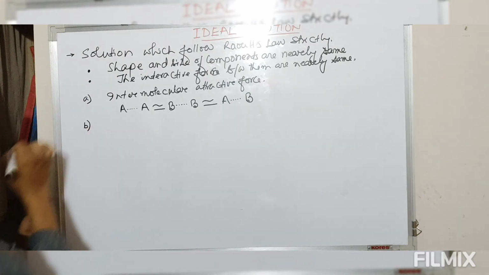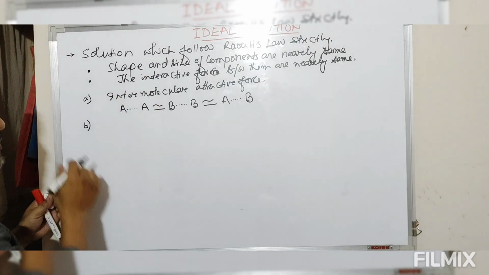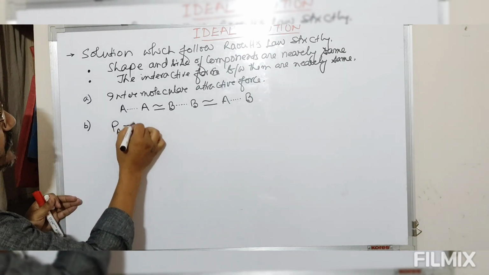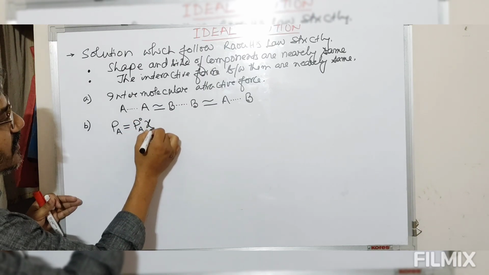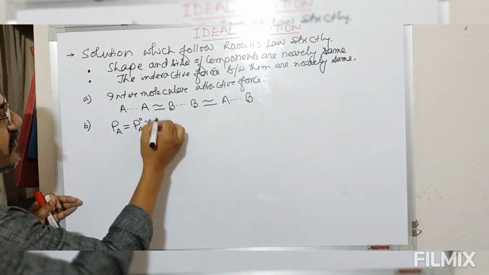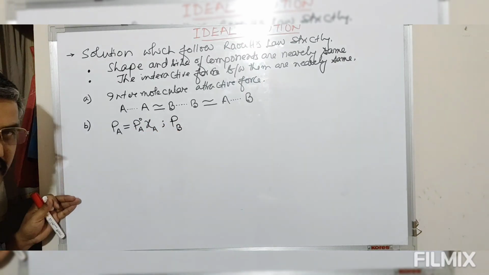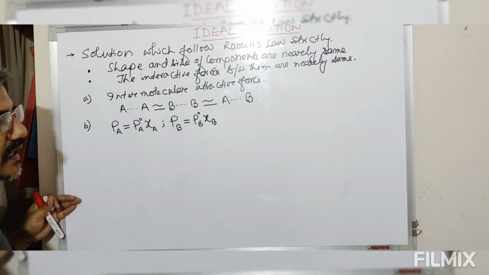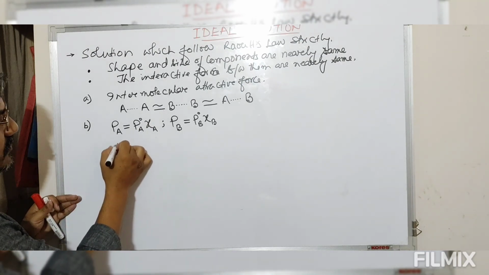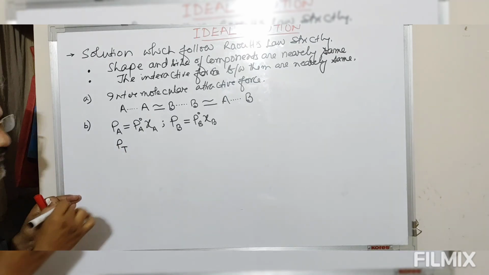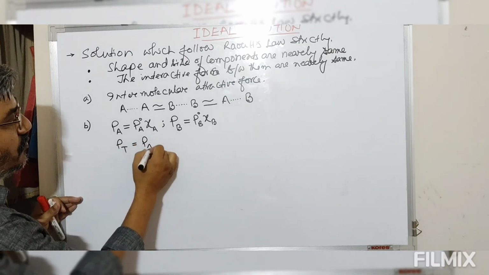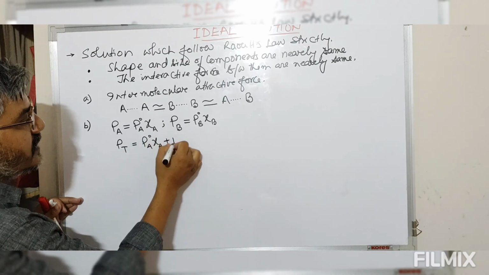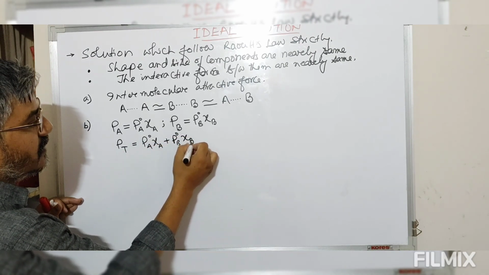Second, now we are saying that Raoult's law is to be followed. So according to Raoult's law, vapor pressure of A in the solution is equal to vapor pressure of pure A multiplied by mole fraction of A. Vapor pressure of B in the solution is equal to vapor pressure of pure B multiplied by its mole fraction, and the total vapor pressure above the liquid solution is equal to the sum of vapor pressures of the components, PA naught xA plus PB naught xB.